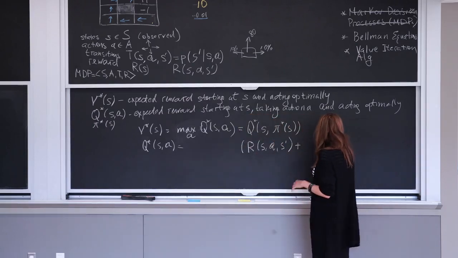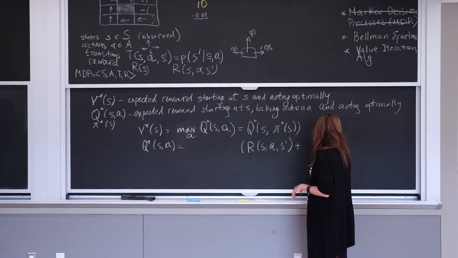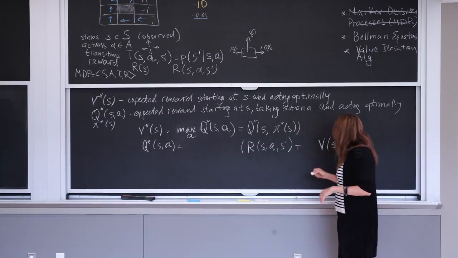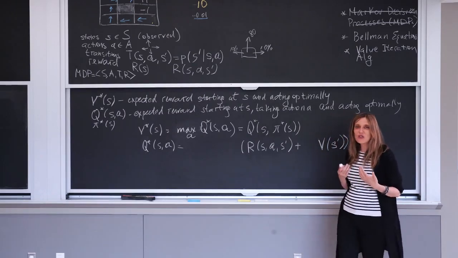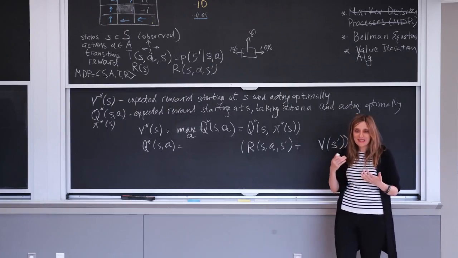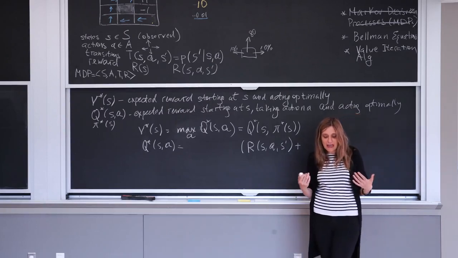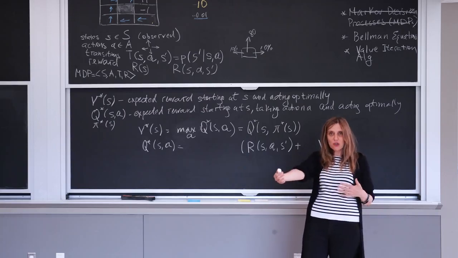So here we are going to write V of S prime. There is something missing here, and it has to do with the definition of discounted reward. You remember we said that we value the current reward more than the future reward.